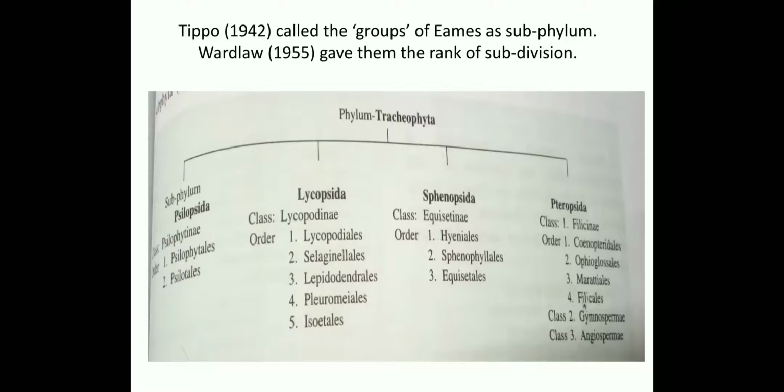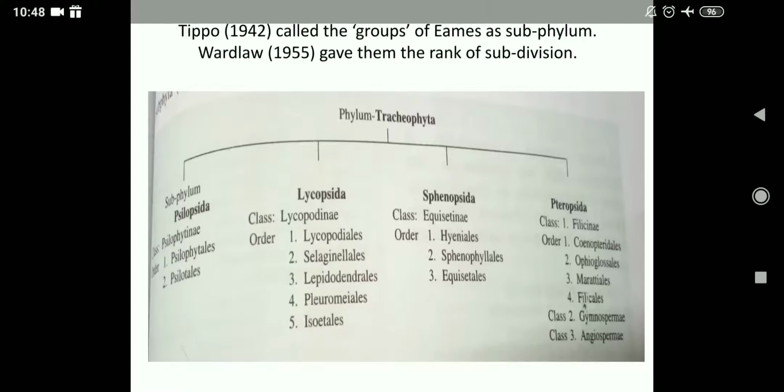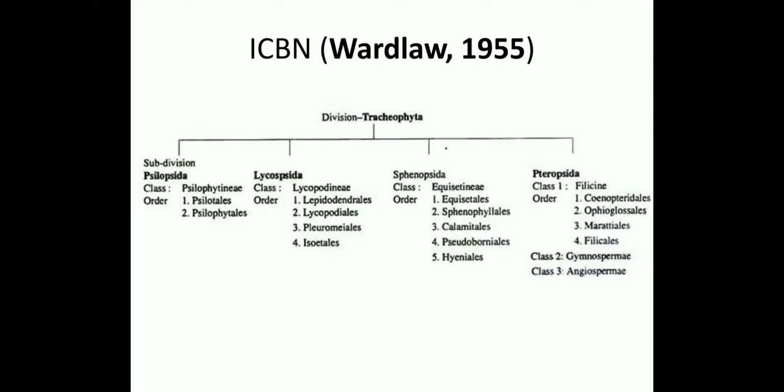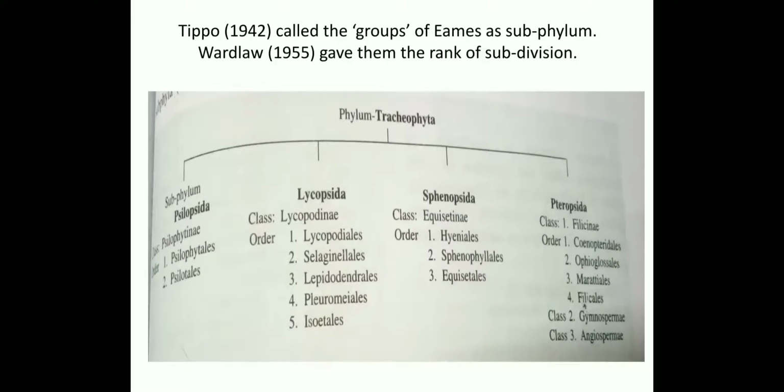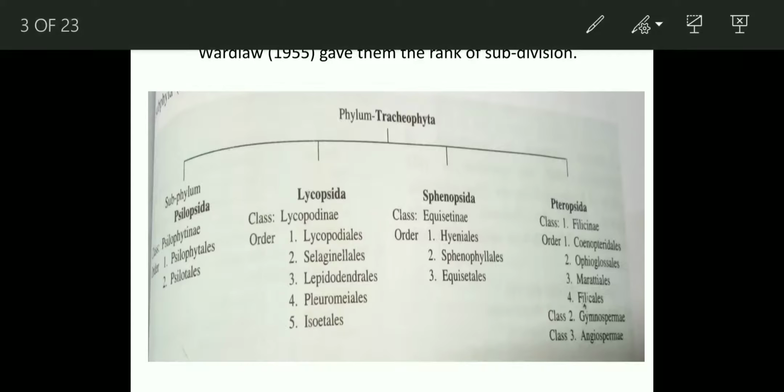Under the class Psilophytinae there were 2 orders, Psilophytales and Psilotales. Then under the class Lycopodinae we had Lycopodiales, Selaginellales, Lepidodendrales, Pleuromeiales, Isoetales.